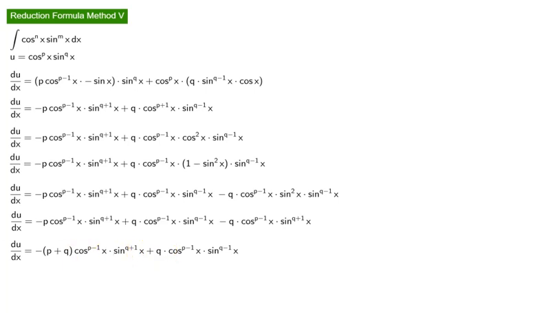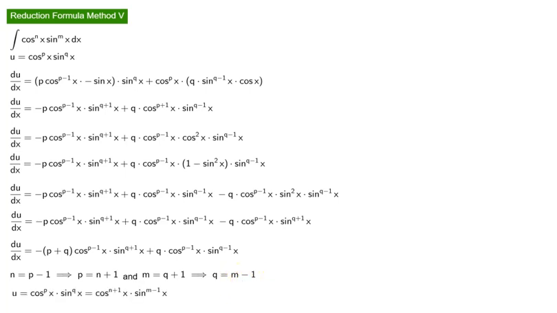Now we do a substitution. Let n equal p minus 1, which implies that p is equal to n plus 1. And let m equal q plus 1, which implies q is equal to m minus 1.